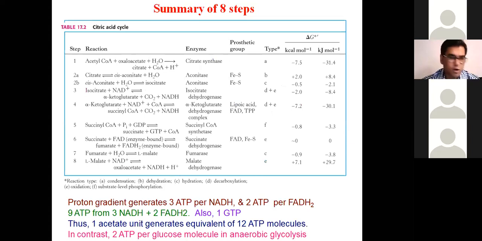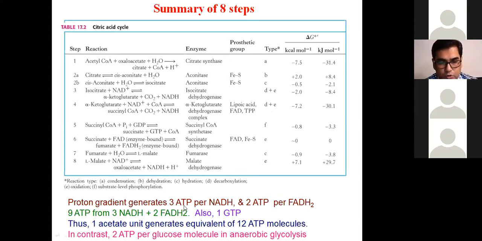Now, how much energy can we extract? How much energy can we obtain from that? We know how many NADH were produced in the TCA? 3 NADH, right? So 1 NADH gave us how many ATPs?